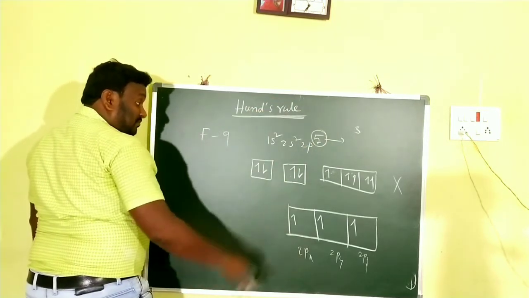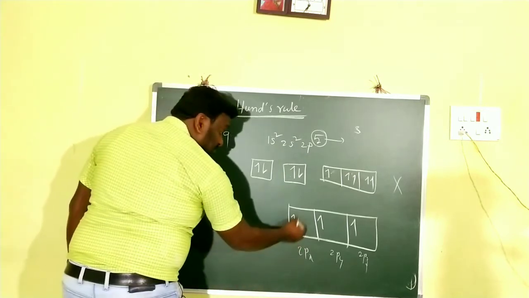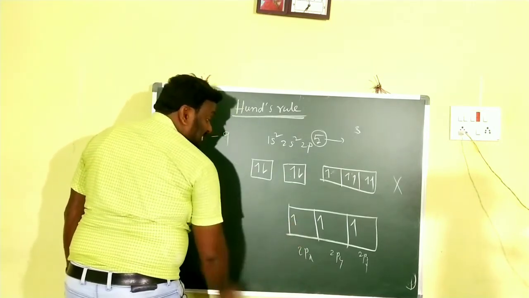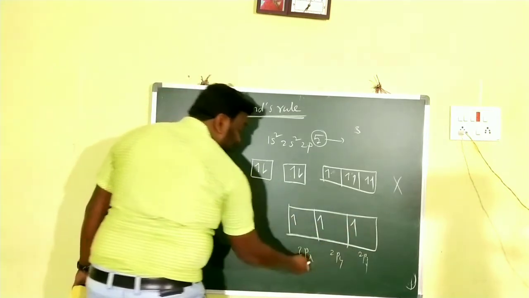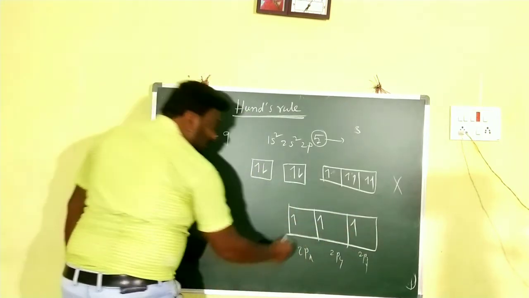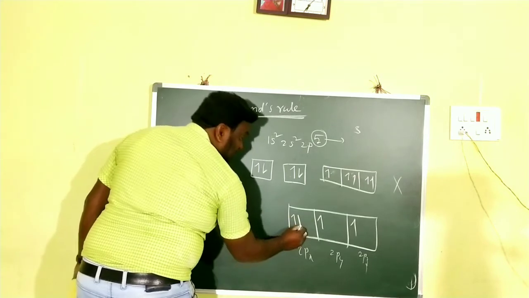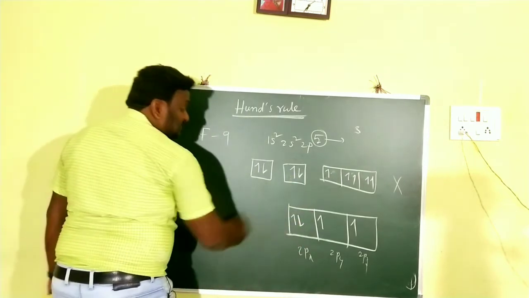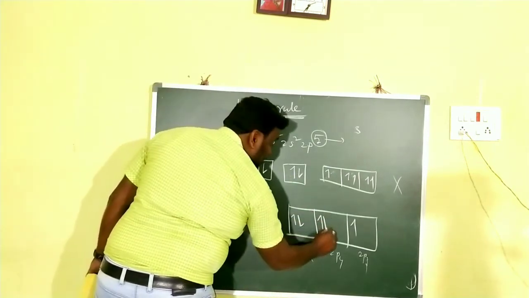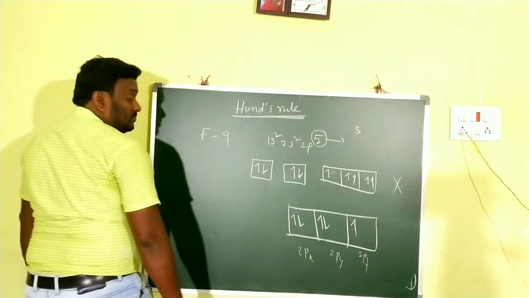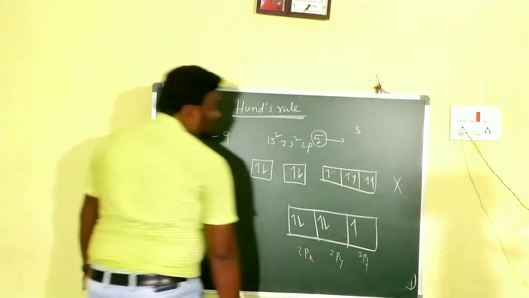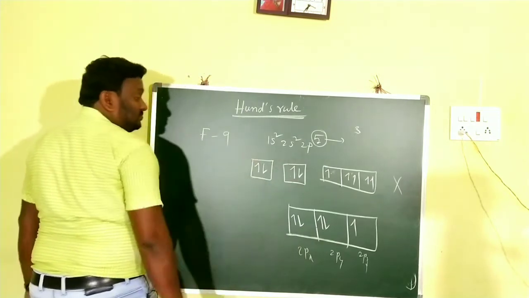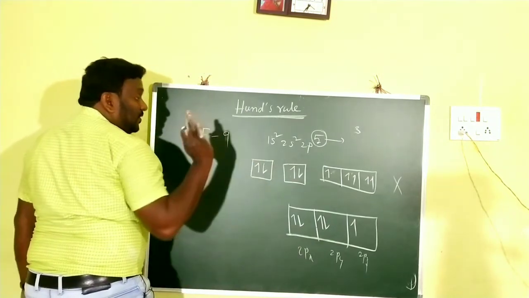Pairing of electrons should start again from 2px, 2py, 2pz. So first the pair of electrons should take place in 2px, and then in 2py. Now it is balanced: 2 plus 2, 4, 4 plus 1, 5. That's why the given configuration is wrong.